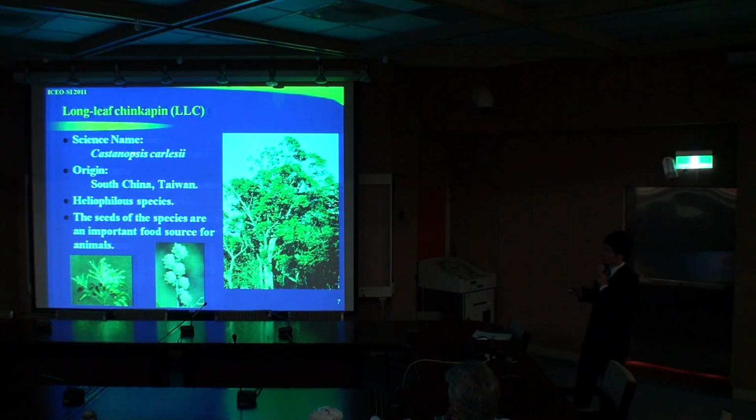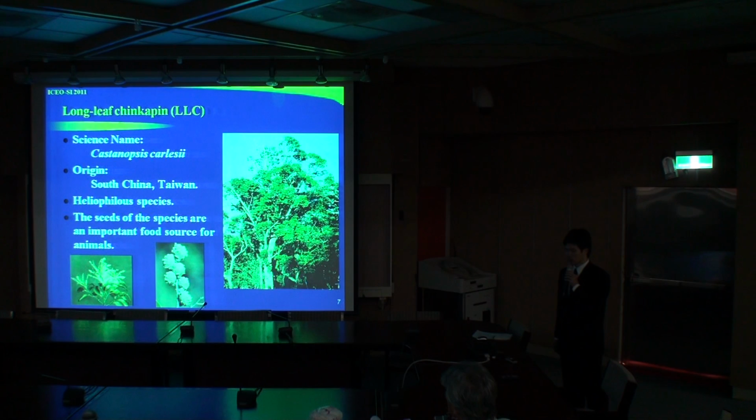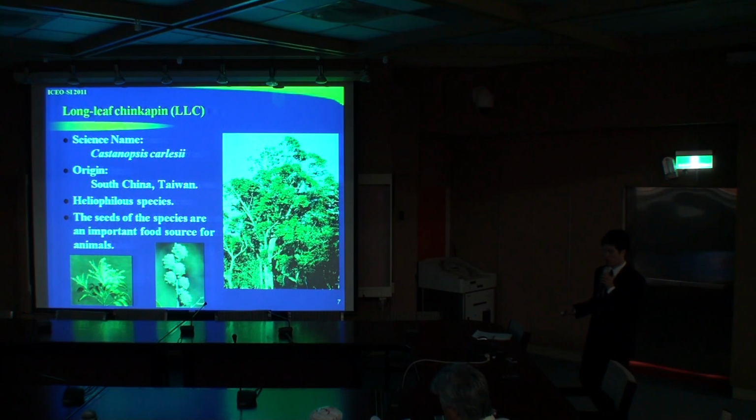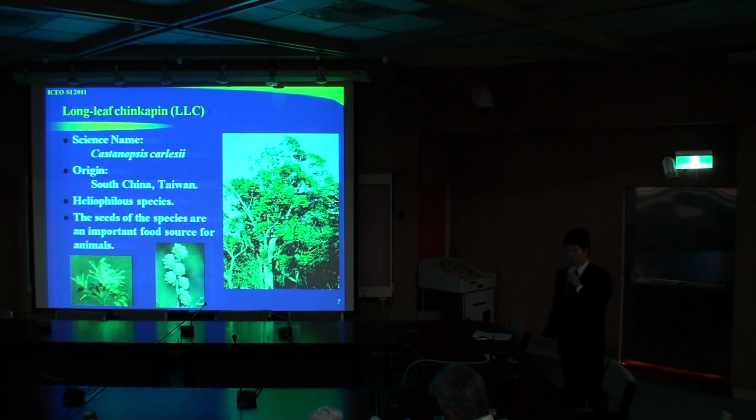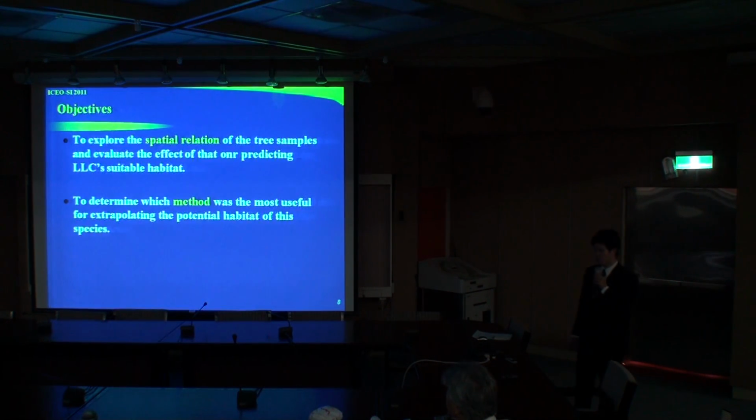Castanopsis carlesii is commonly called long-lived chinkapin. It's a sun-loving tree. It grows widely in South China and Taiwan, and its seeds are an important food source for many animals, showing the ecological value of this species.